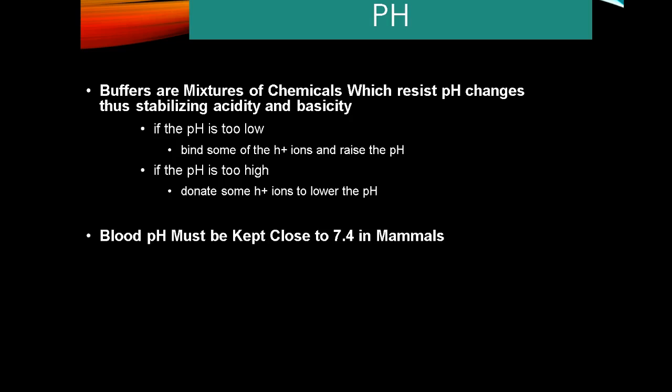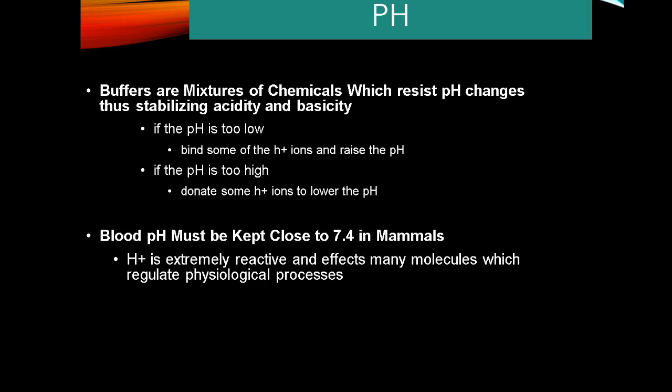The blood pH, again, we said it must be somewhere close to 7.35 to 7.45, so somewhere close to 7.4. If it's not kept between that range or somewhere close to 7.4, that can be detrimental to health because the hydrogen ion is extremely reactive and it can nick up DNA, for example.